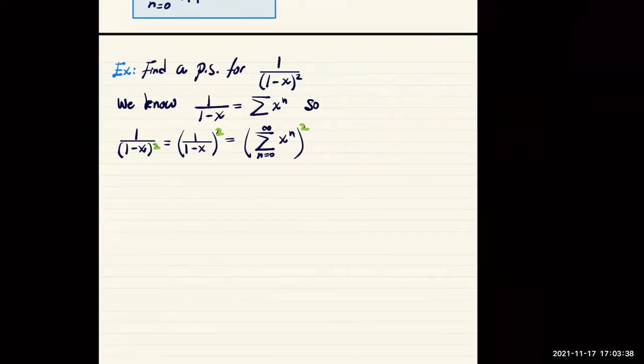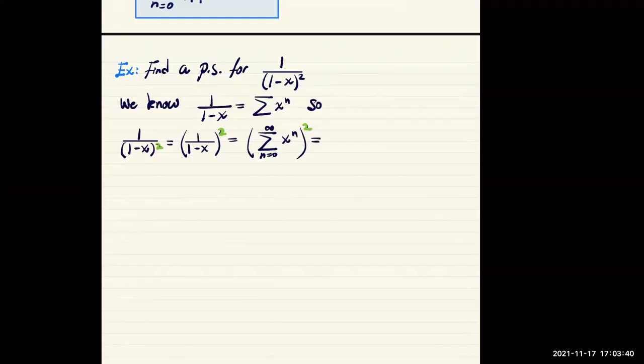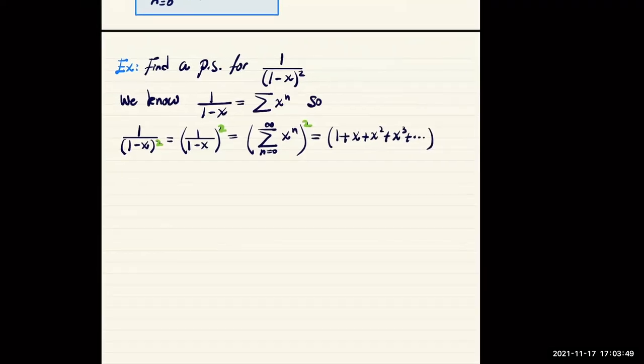Because if I rewrite this in expanded form, we are taking 1 plus x plus x squared plus x cubed and so on, and squaring that again. An infinitely long polynomial. Who wants to square this thing? Can someone square this for us?